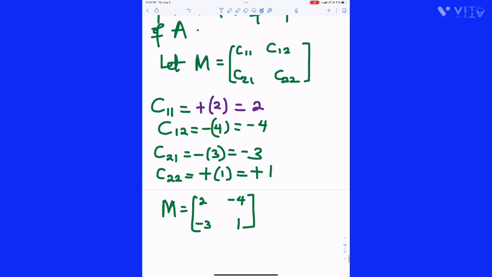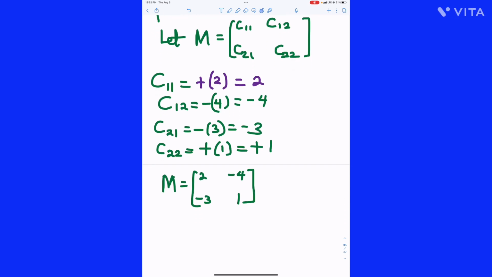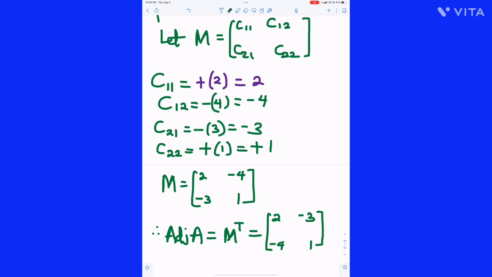After getting the matrix of cofactors, the adjoint of A will be the transpose of this matrix of cofactors of A. So the adjoint of A will be 2, minus 4, minus 3, 1, where I just change the first row to the first column, and the second row to the second column.